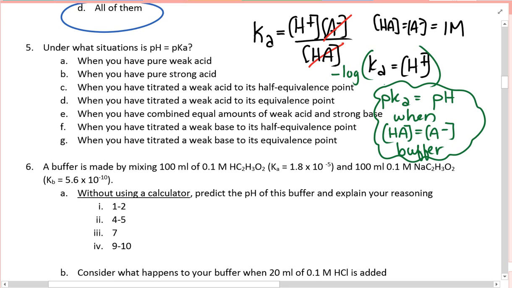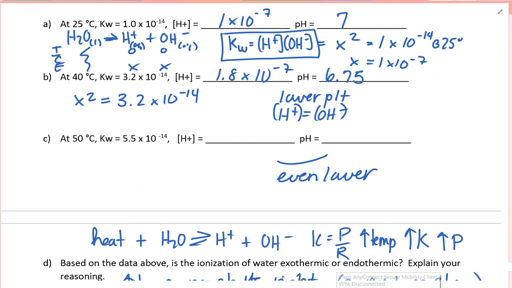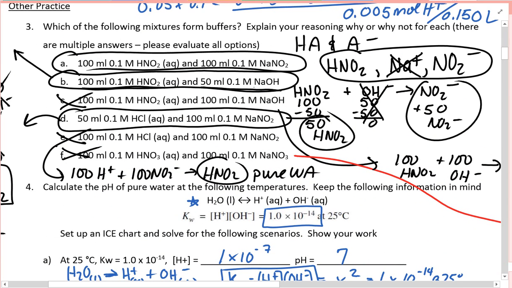Okay, so is pH equal to pKa when you have a pure weak acid? Nope. How about a pure strong acid? Nope. When you have titrated a weak acid to its half equivalence point? Yes. Okay. Let's scroll back to an earlier problem. This is exactly what's happening in problem number 3, part B. What we did there is I had some acid, and I used up half of it to make some base.